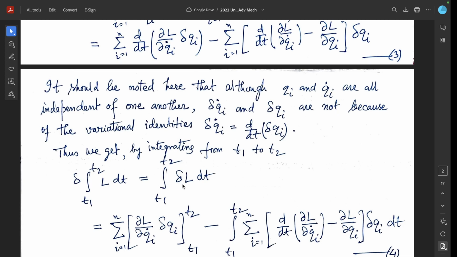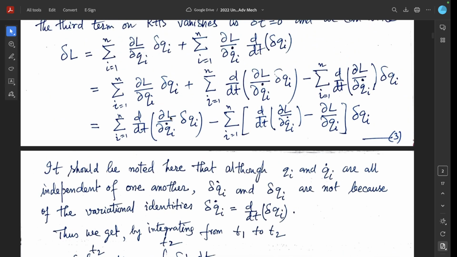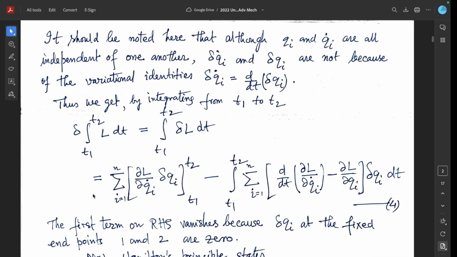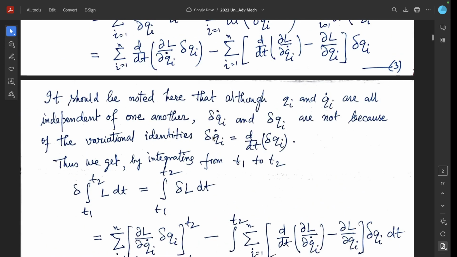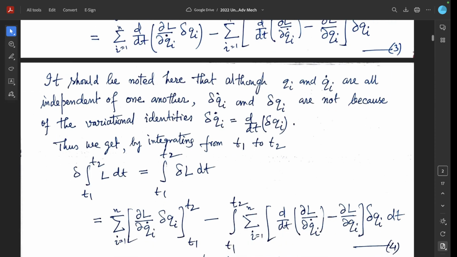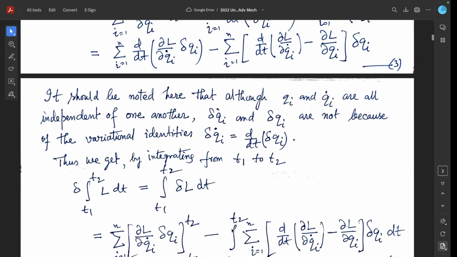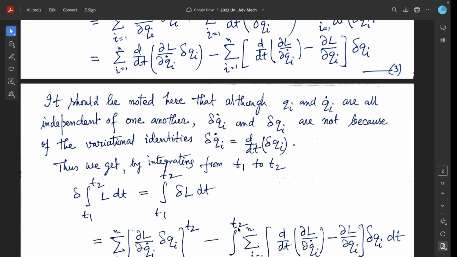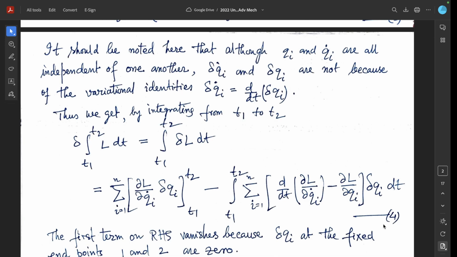This is equal to the summation of del L by del qi dot times delta qi, evaluated between the limits t1 to t2, since the d/dt cancels the integration, plus the integration from t1 to t2 of the summation over i equal to 1 to n of d/dt of del L by del qi dot minus del L by del qi, into delta qi dt, equation 4.